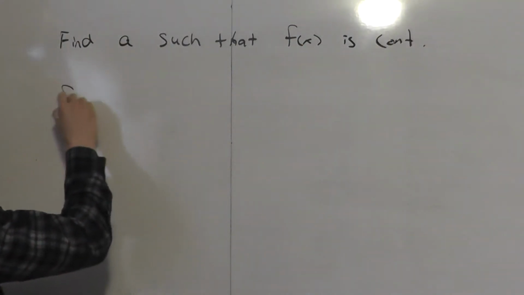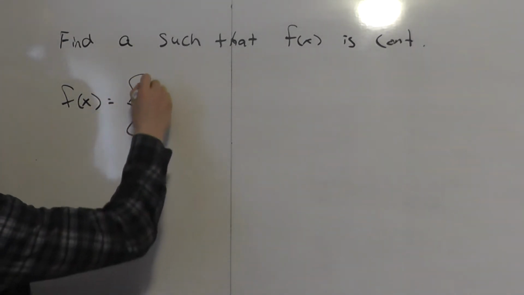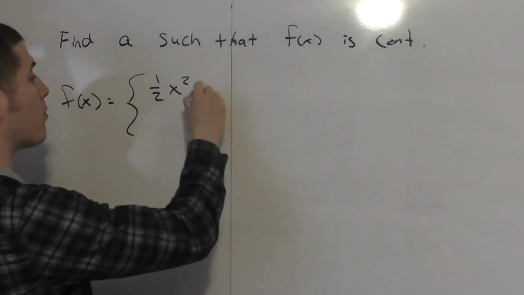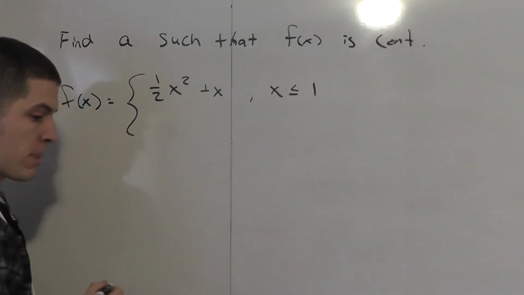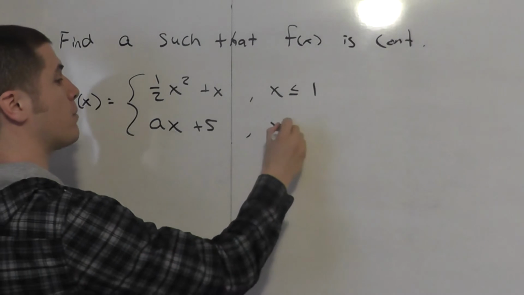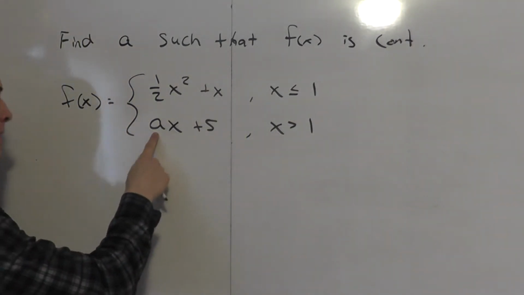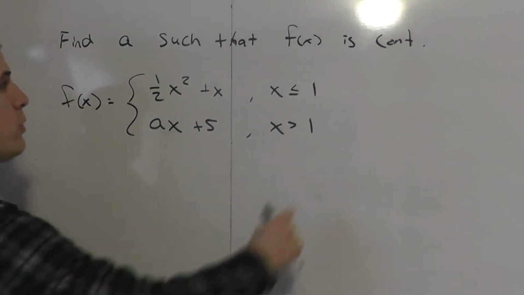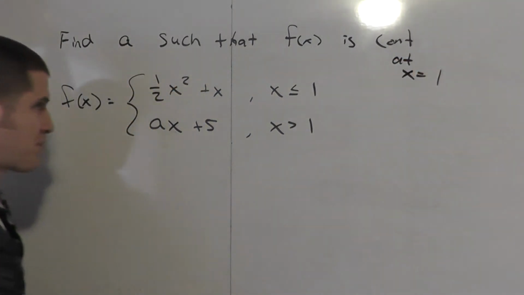We're going to let f of x be equal to 1/2 x squared plus x for x less than or equal to 1, and ax plus 5 for x bigger than 1. So we're going to find the value of a that forces this function to be continuous at x equals 1.